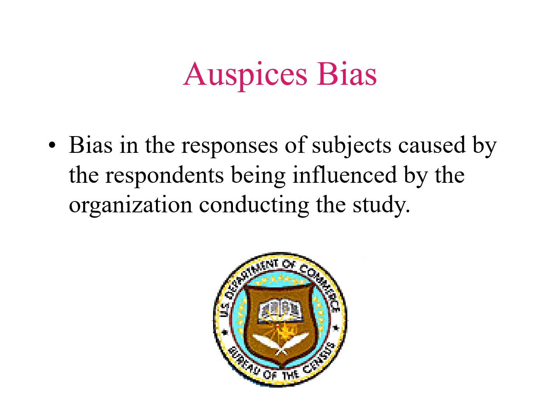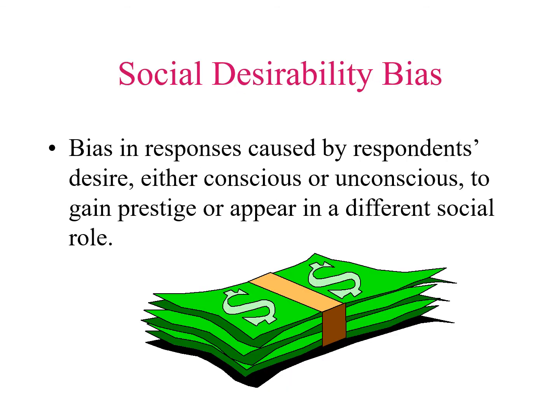Auspices bias is bias in the responses of subjects caused by the respondents being influenced by the organization conducting the study. Social desirability bias is bias in responses caused by respondents' desire, either conscious or unconscious, to gain prestige or appear in a different social role.